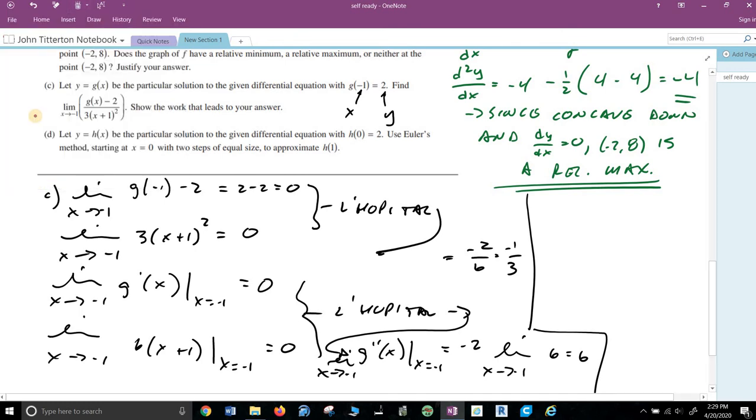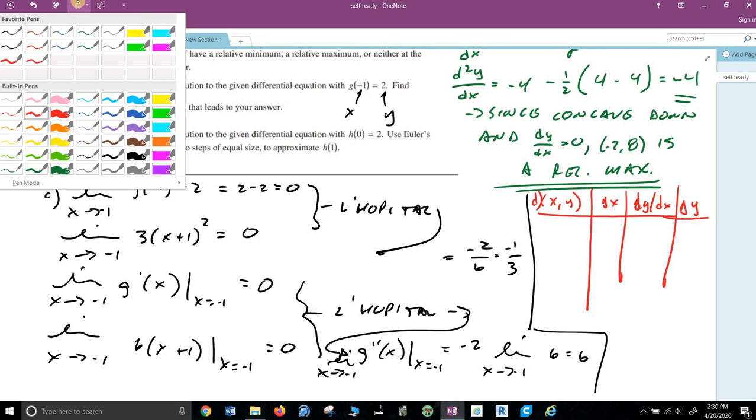And finally, last but not least, part D, Euler's method, right? x, y, delta x, dy dx, delta y. I actually usually put an x y out there, but I've run out of space. Well, I can't have that, so let's fix that.